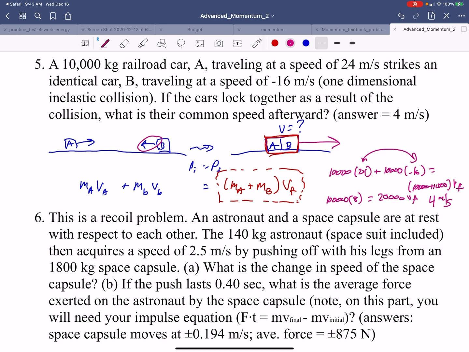And if you think about it, that makes perfect sense. This one was going faster in this direction than this one was. This was going 24 and this was going negative 16. So it makes sense that the final velocity would be in this one's direction. It makes total sense with the conservation of momentum. And that is how we do our introductory elastic and inelastic collision problems.